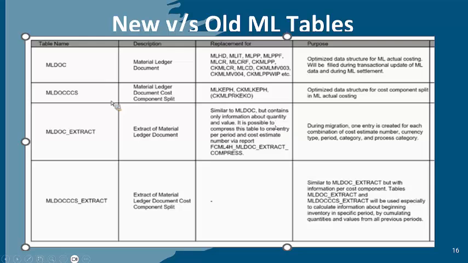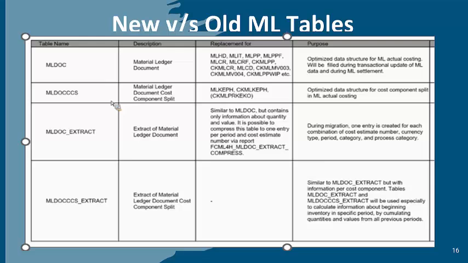MLDoc extract. So this is extract of material ledger document, similar to MLDoc, but contains only information about quantity and value. It is possible to compress this table to one entry per period and cost estimates.